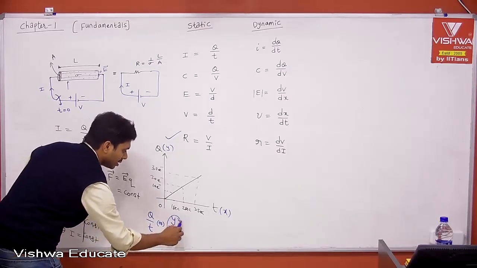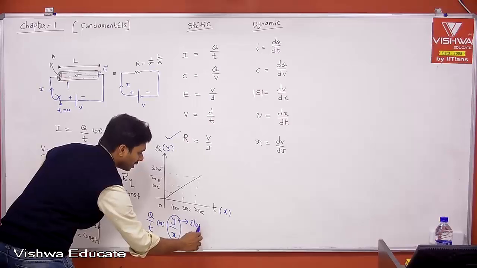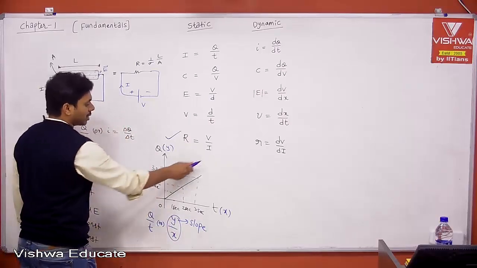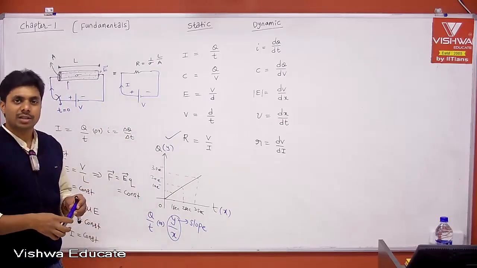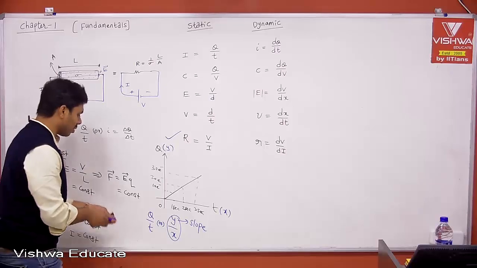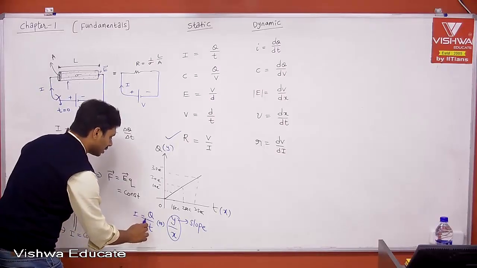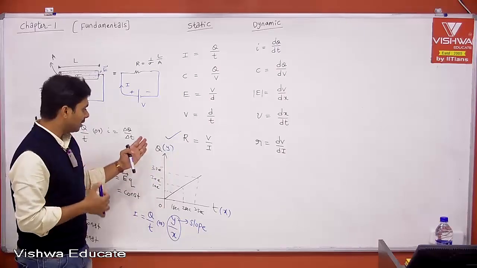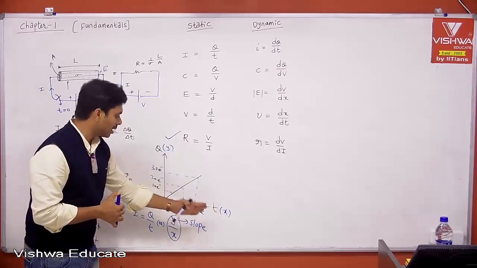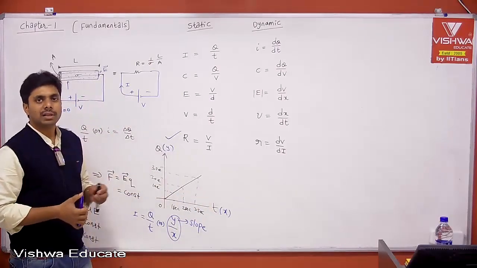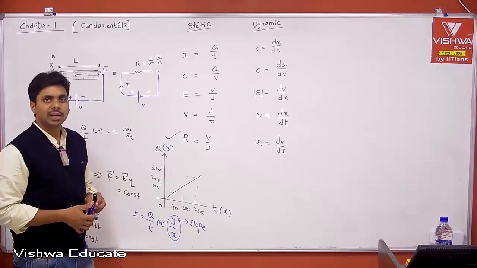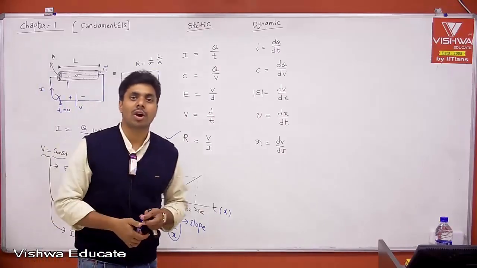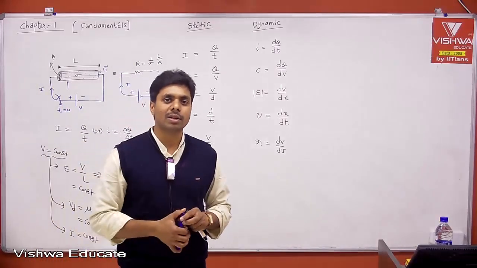It is the slope. If you take a linear curve, the slope is constant. Therefore, that is your current. The slope between the dependent parameter and the independent parameter is the ratio, and if that is linear, you will have a constant slope. That is our current.